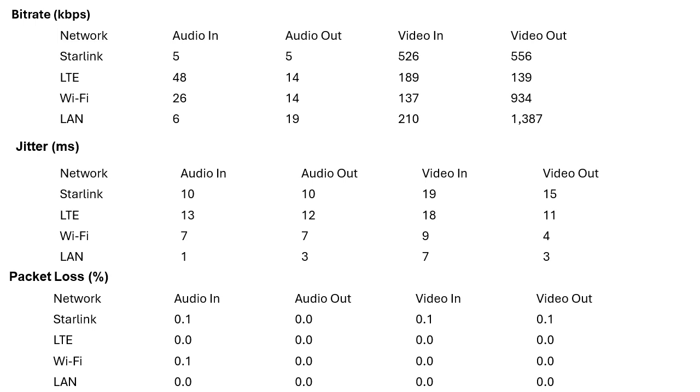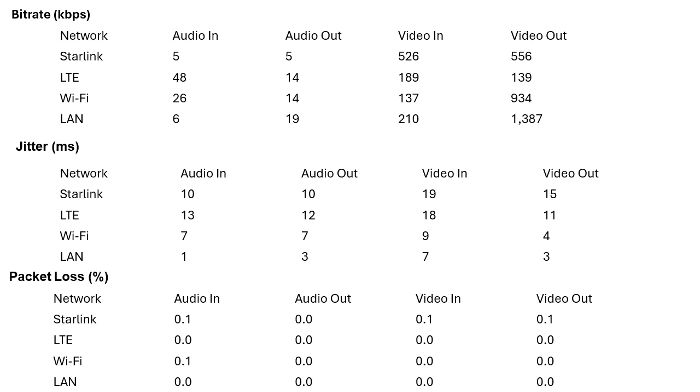Wi-Fi comes next with about 913 kilobits per second video, 9 millisecond jitter, and essentially no loss. Starlink sits in the middle, roughly 515 kilobits per second, 15 to 90 millisecond jitter, and a tiny 0.1% loss on audio and video.